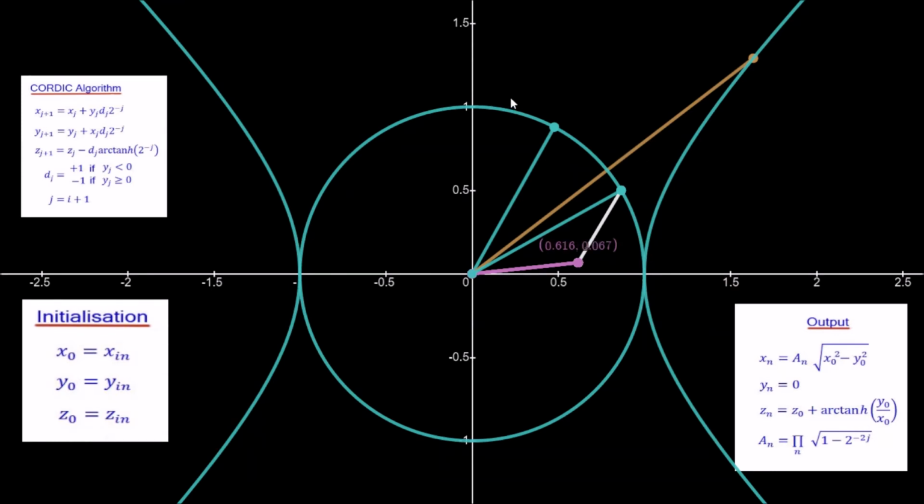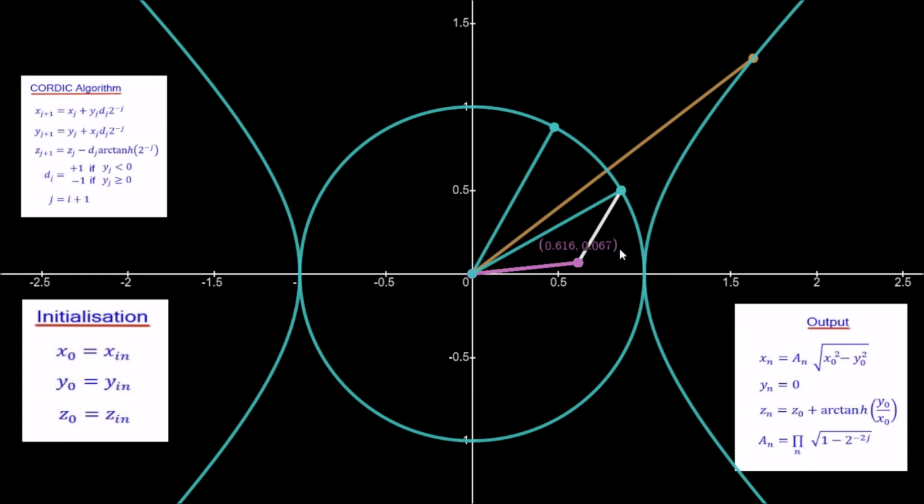So try not to get lost in the details here. We have the same sort of setup we had when we looked at the linear mode. We're going to have two sets of angles. We're going to have one set of angles that we use in order to rotate this blue vector here, and it's going to be given by the arctangent 2 to the minus j. But we're also going to have another set of angles which we use in order to ensure that the value for our yi will tend towards 0.